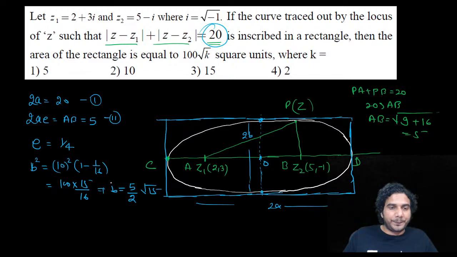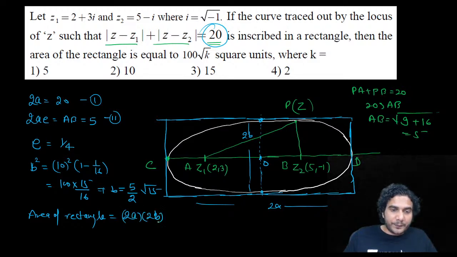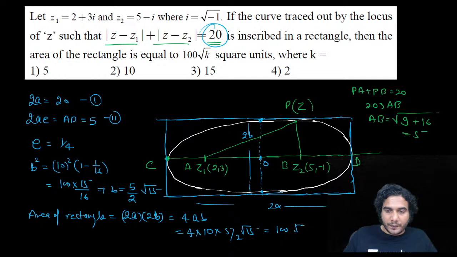So this is B. We have got A and B. So now what is the area of the rectangle? Area of rectangle is equal to 2A into 2B, so 4AB. A is 10 and B is 5 by 2 root 15. So it is going to be 100 root 15.